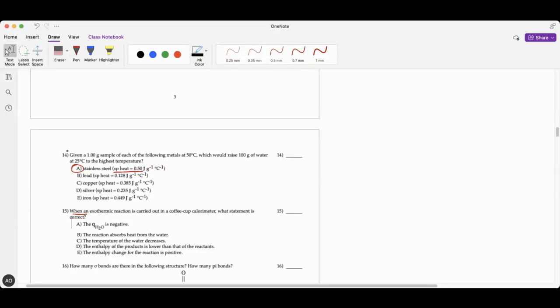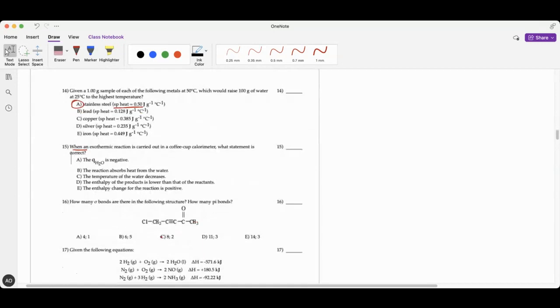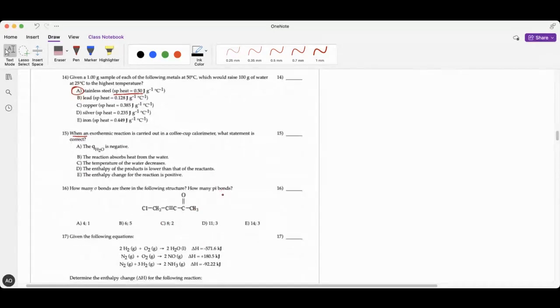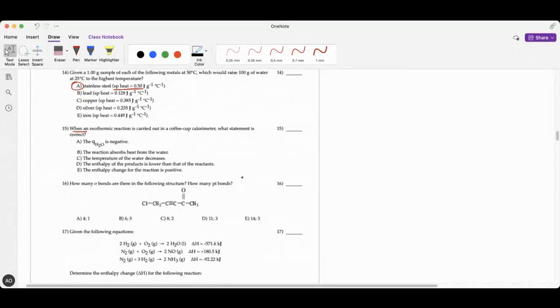When an exothermic reaction is carried out in a coffee cup calorimeter, which statement is correct? D. Yes, D would be the correct answer.